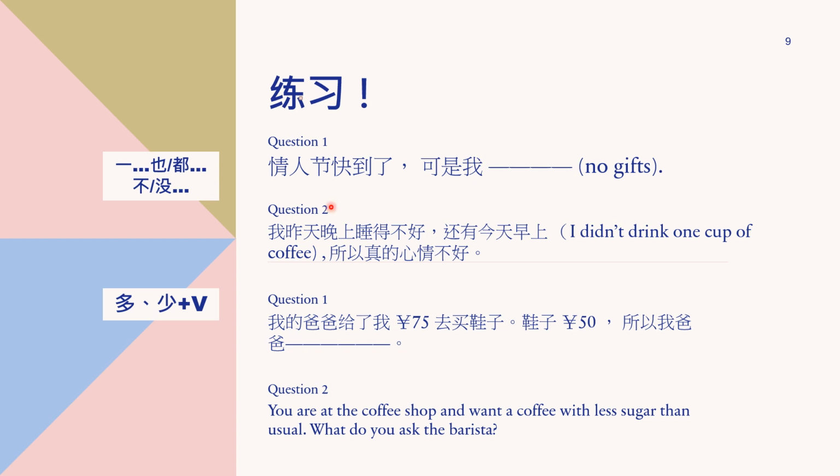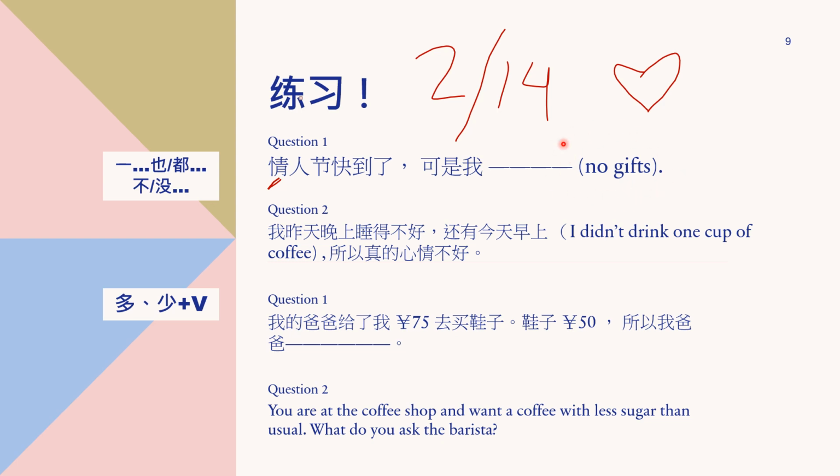So first, 情人节快到了。情人节是2月14号情人节。情人是什么？情 is 爱情。So the person you love, holiday, 快到了。So, Valentine's Day is almost here. 可是我 and then fill it in.